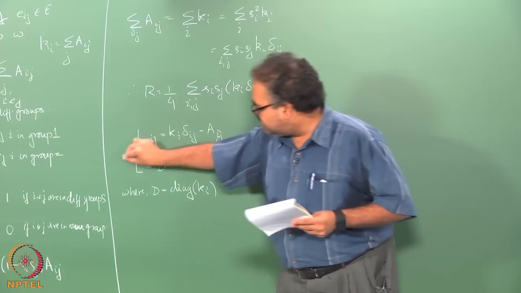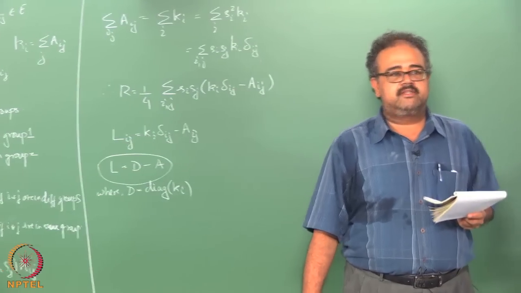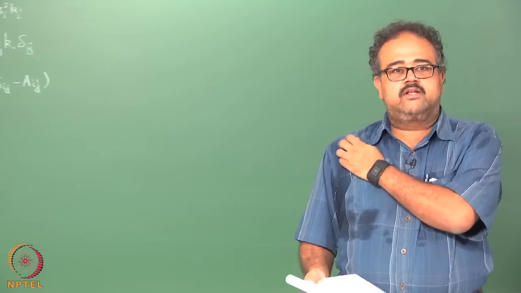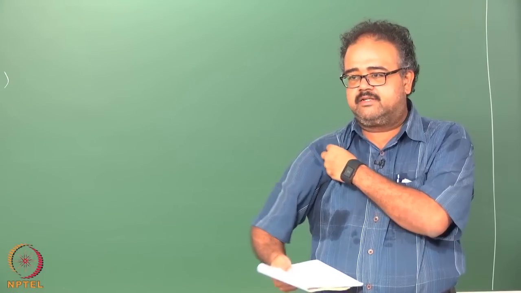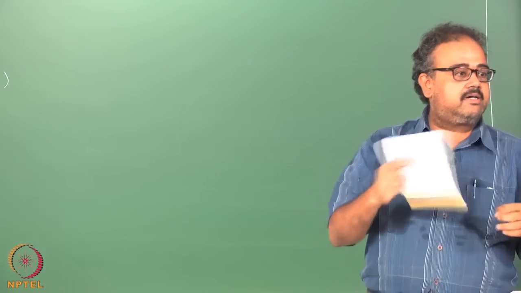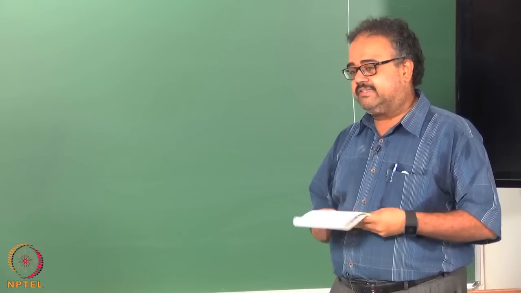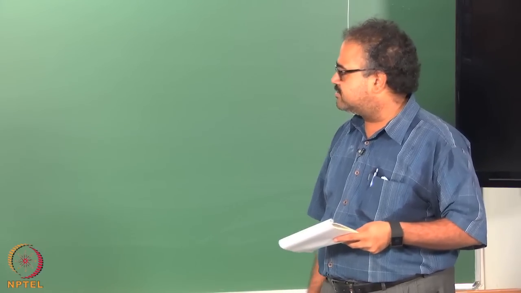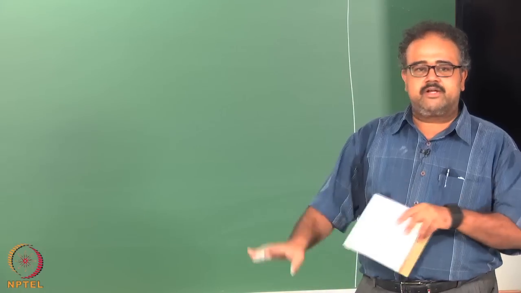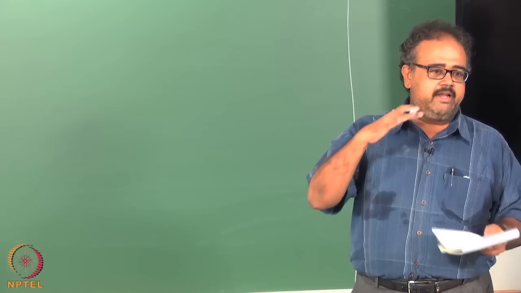Right. So this expression is sometimes called the Laplacian, it is called the Laplacian of the matrix A, right. It is also called the unnormalized Laplacian of the matrix A. For the normalized Laplacian, you actually do a transformation on this and it has better properties, both in terms of clustering and also in terms of other things which people use the Laplacian for, but I am just going to show you how to work with the unnormalized Laplacian, right.